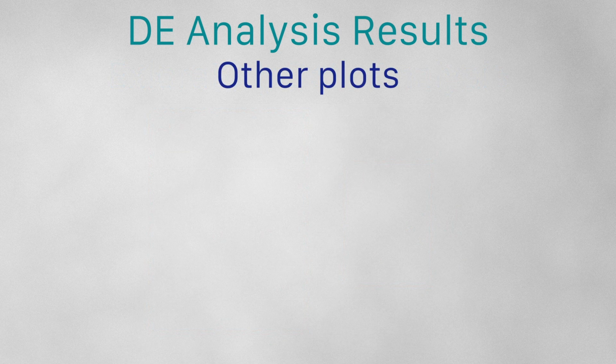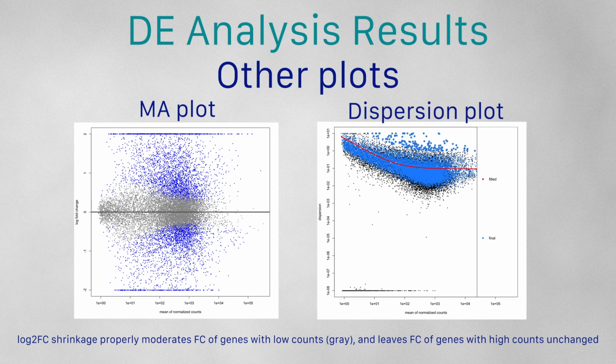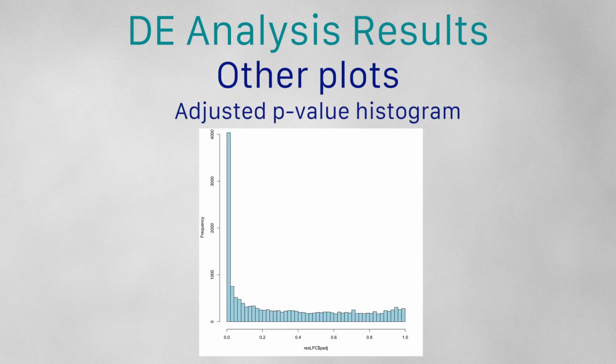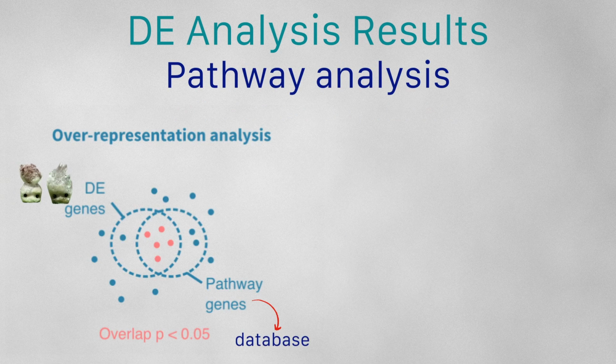Also inspect that the MA plot and dispersion plots do not show any unusual patterns such as high dispersions, which would affect your analysis. You can also plot a p-adjusted histogram to check if you have enough statistically significant genes in your data. Usually, you would expect roughly 2,000 genes or more to be statistically significant at this level of filtering. These differentially expressed genes usually cluster around specific pathways.